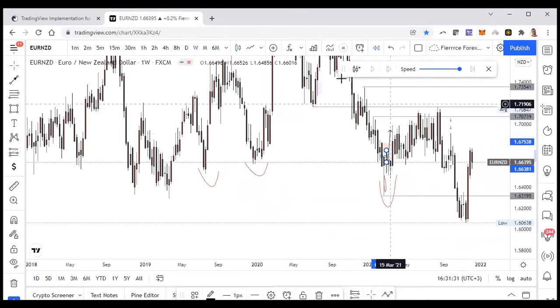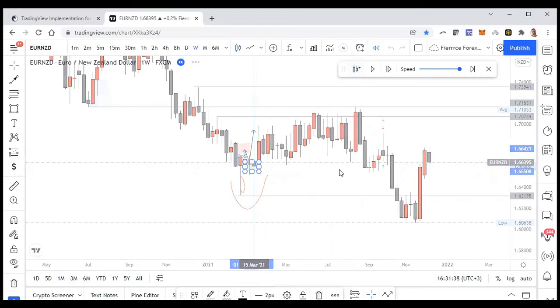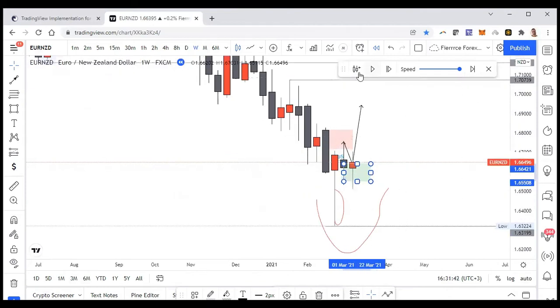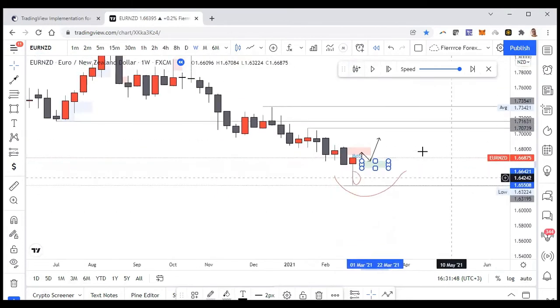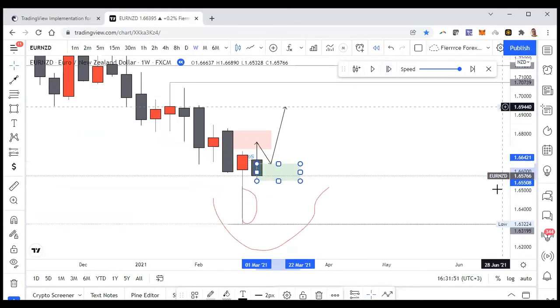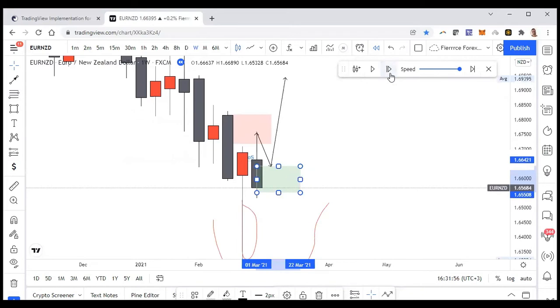Go back to my weekly. So when you print that, we see a candlestick like that, and then we see the rejection.